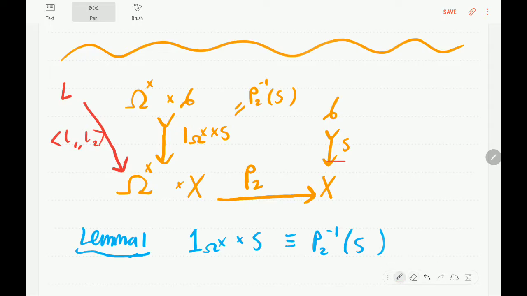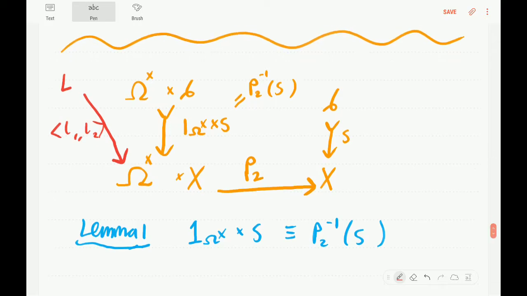And the way we prove this is we consider a general kind of arrow into omega to the power of x times x, and we're going to show that that's going to be in identity times s if and only if it's in the pullback of s along p2.